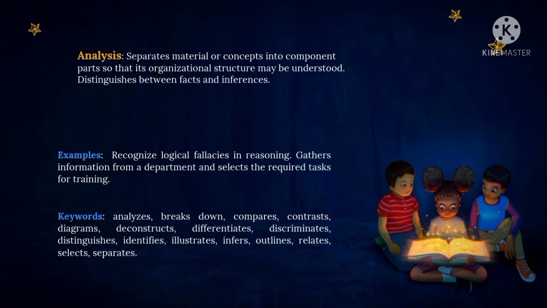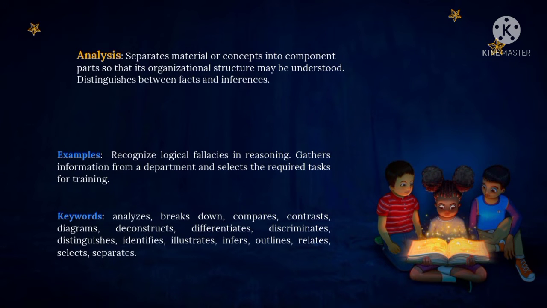The other example of organism is animals. Animals' characteristic is also mobile. That was the breaking down of the information into its small parts. The keywords here are analyze, break down, compare, contrast, diagram, and so on and so forth.